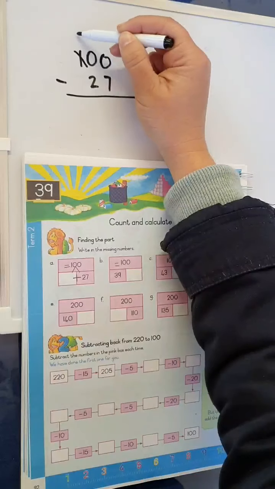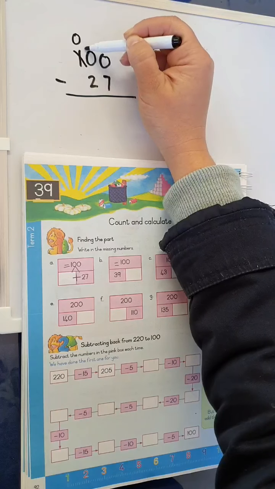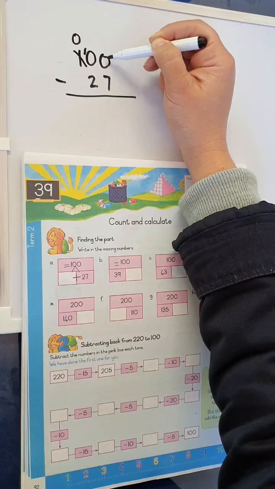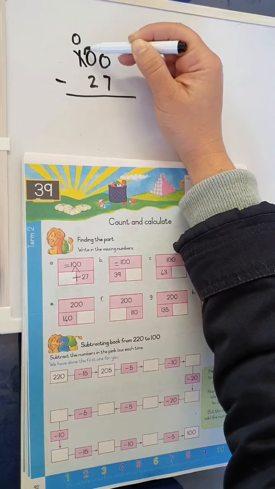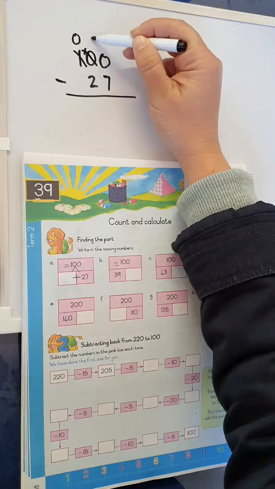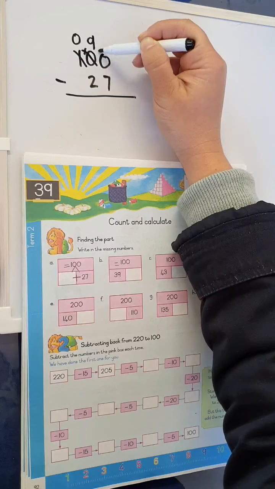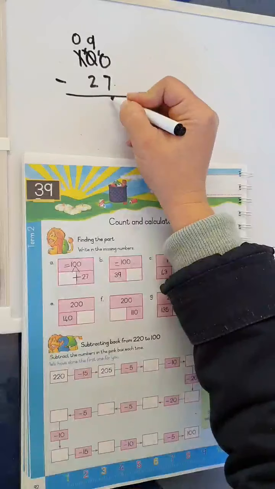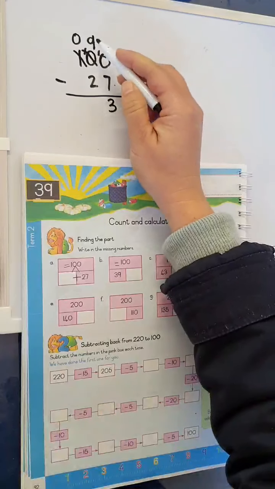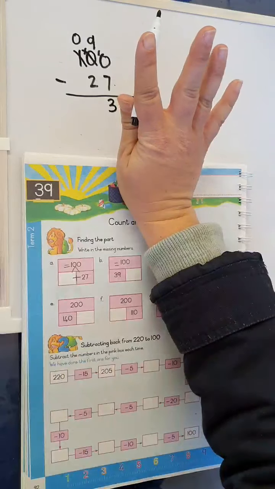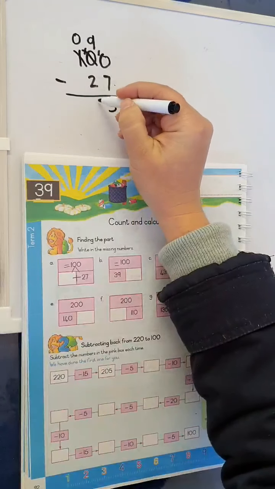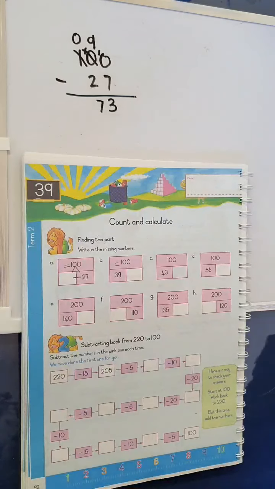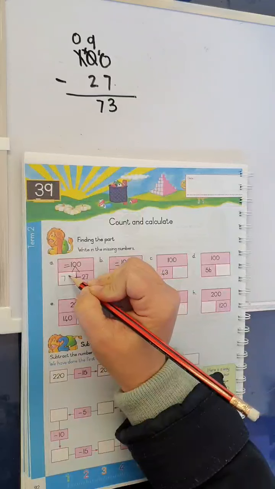So that 1 becomes a 0, and that goes over there. So now this number becomes a 10. So now this number can go and borrow next door. And he only wants 1, so the 10 becomes a 9. And now that one becomes a 10. 10 minus 7, 3. 9 minus 2, if you have 9, then you take away 2, 7. So the missing number over there will then be 73.